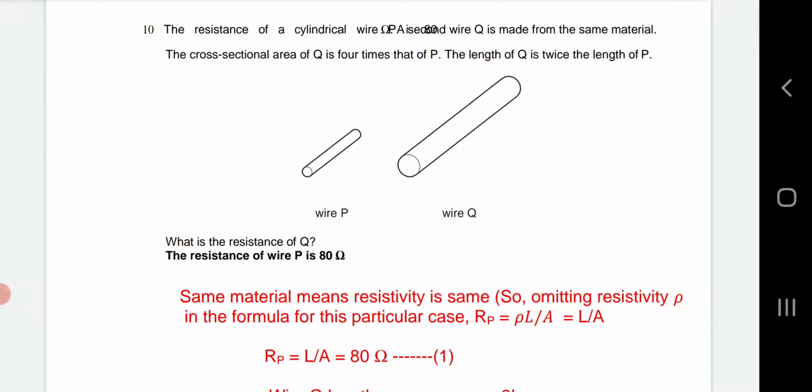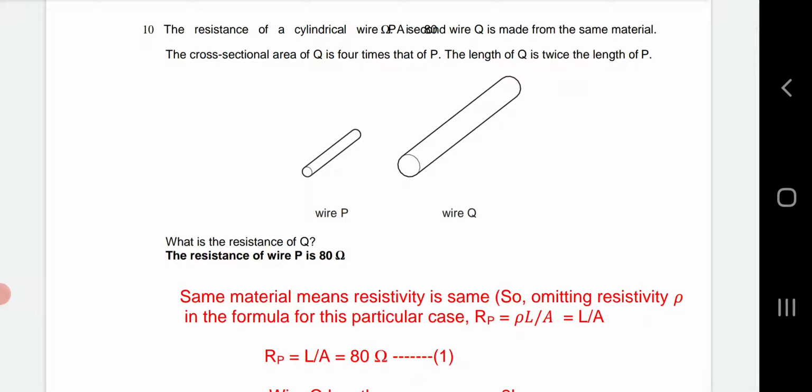So again, the resistance of wire P is given as 80 ohm, and as the resistivity is the same for both wire P and Q, because both are made from the same material, we can omit the resistivity in the formula.